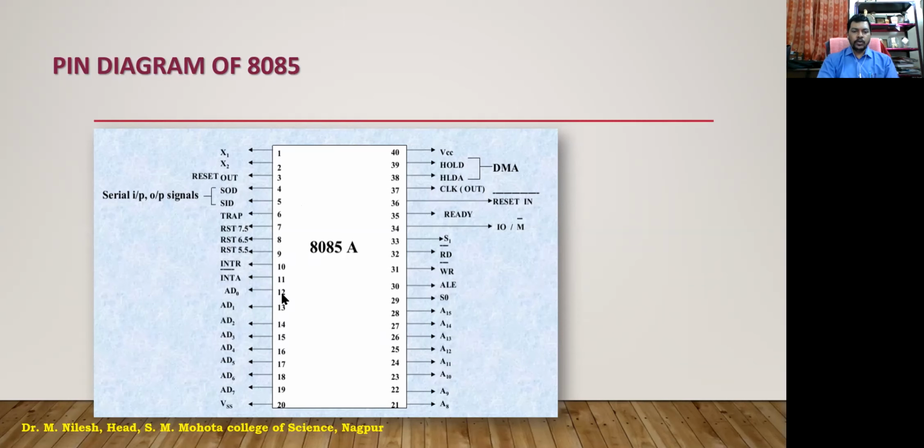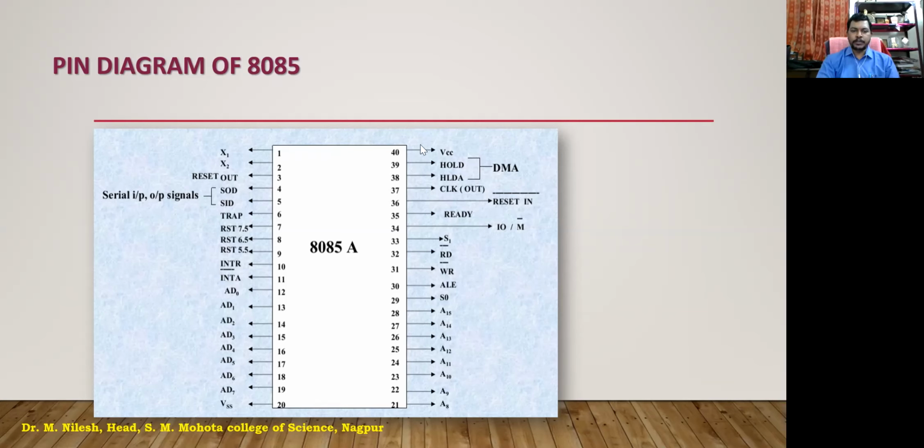So AD0 to AD7 start from pin number 11 to pin number 19, and pin number 20 is ground. Pin number 40 is plus VCC. The last pin of the first line in all digital ICs is supposed to be the ground, and the maximum last pin in the digital IC is for the positive supply.